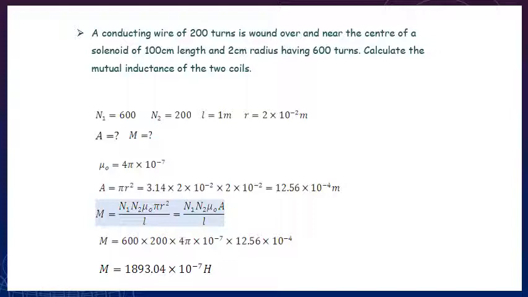The whole thing should be divided by length, which is 1 meter. I have not done it here. When you calculate this, you will get 1893.04 into 10 power minus 7 Henry, which is your SI unit for mutual inductance. So this was your first question.